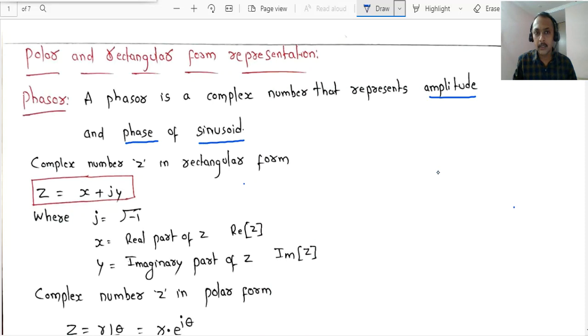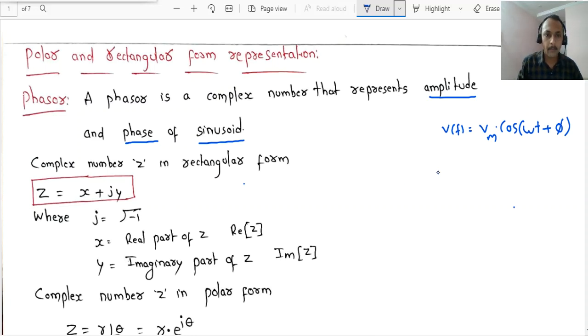In the previous discussions, a sinusoid can be either a sine wave or a cosine wave, right? For example, if it is of the form, a voltage waveform v of t equals Vm cos of omega t plus phi, this is a sinusoid, right? So we will represent this sinusoid in the form of a phasor.